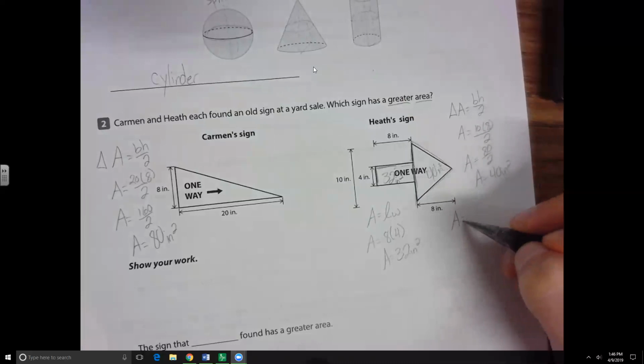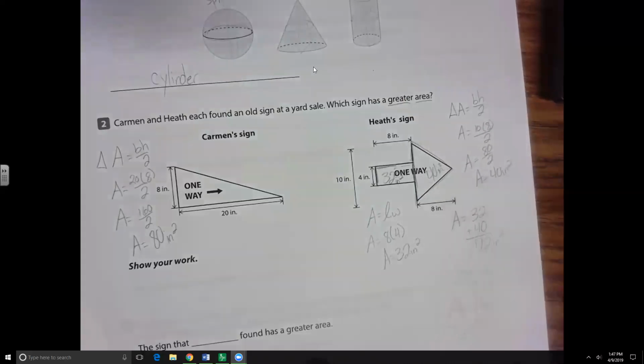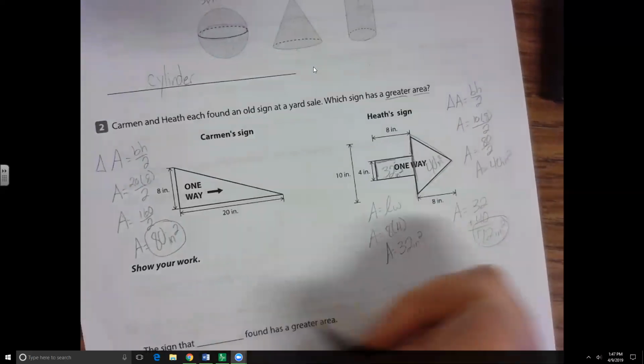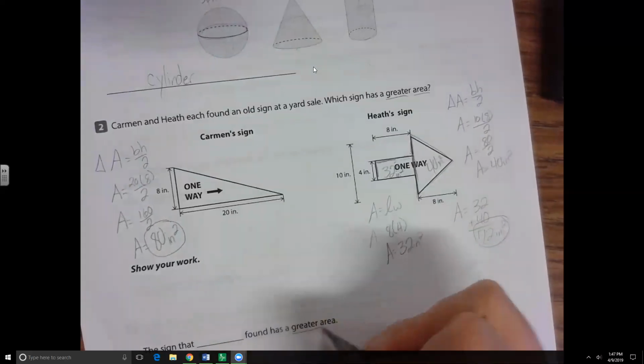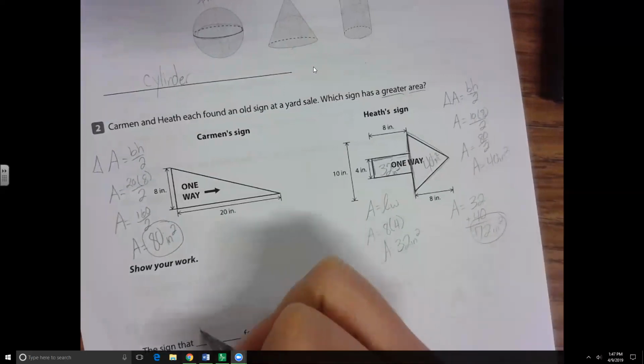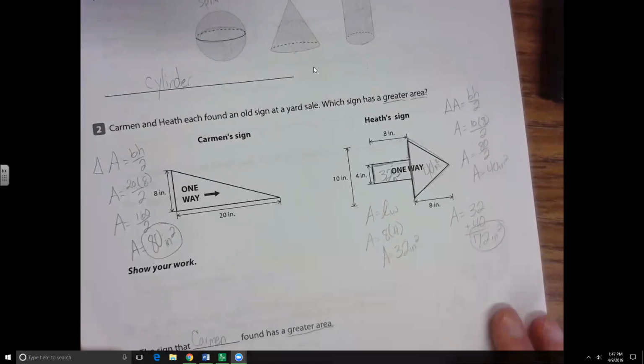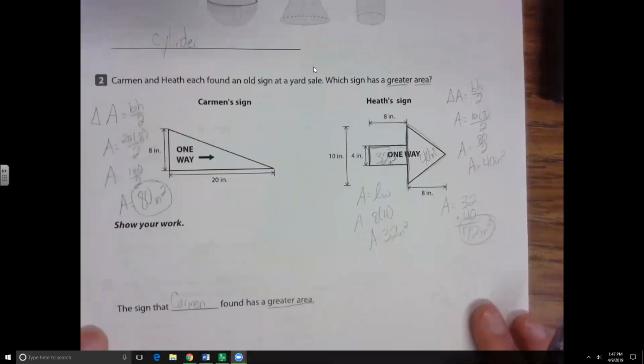So my area would be 32 plus 40, which is 72 inches squared. So this one's 72, this one's 80. So we want to find the one with the greatest area, so that would be Kármán sine. So the sine that Kármán found has a greater area.